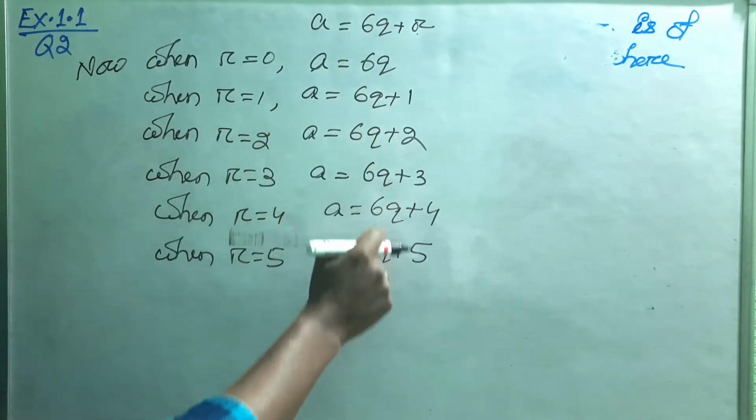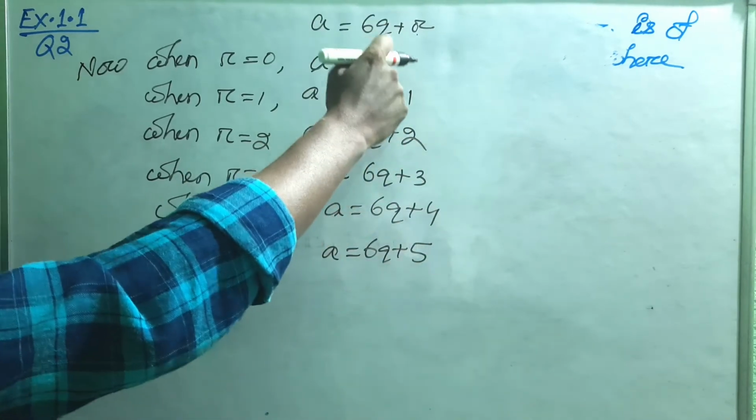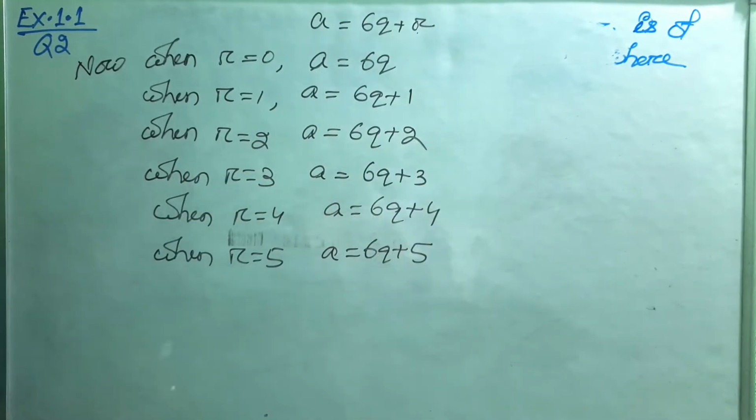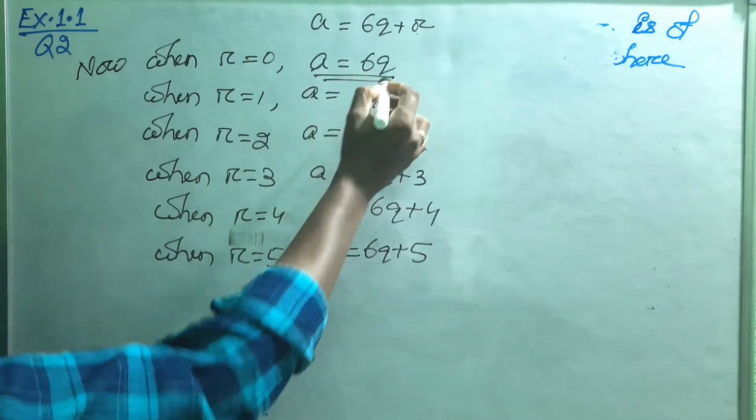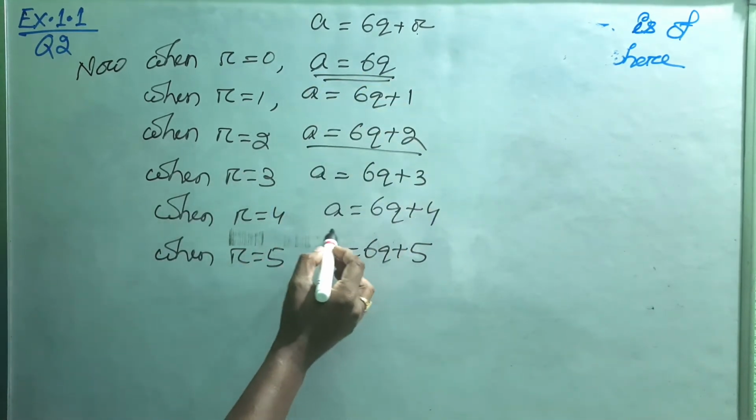Now, out of these 6 possible values, if you look here, this and this one.